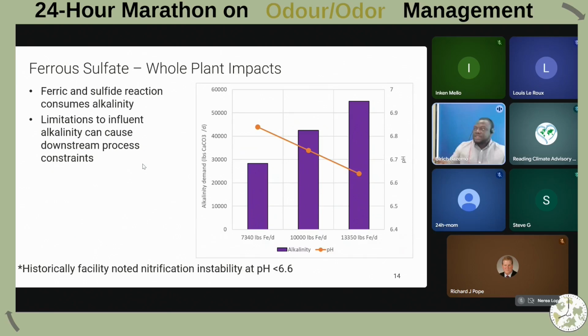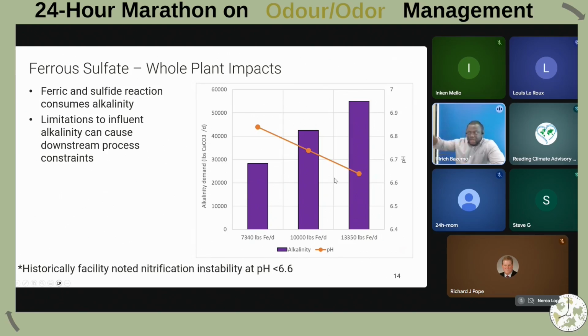So what we did here, we tracked the alkalinity and the pH levels with the ferrous sulfate addition. This graph shows the different dosing rates of iron, and the alkalinity demand with the different dosing rates that we modeled. And this line also shows the pH.